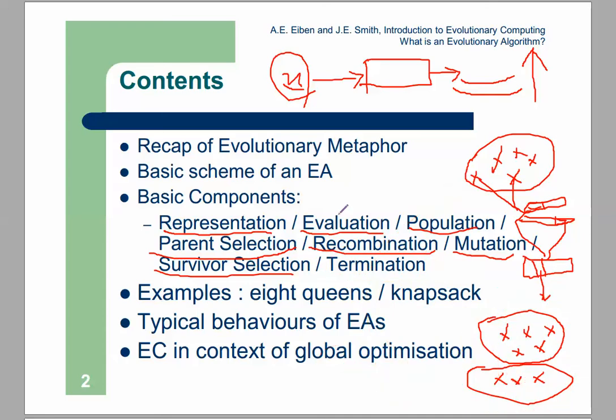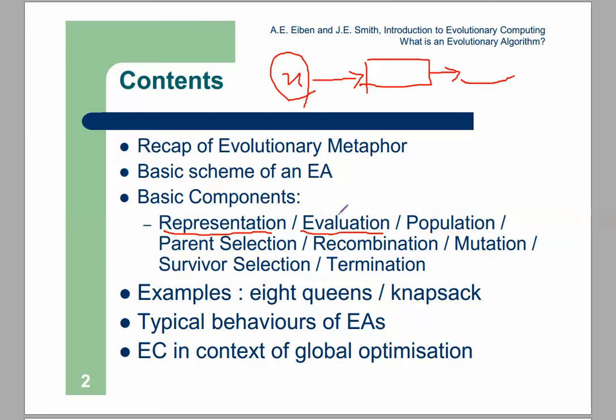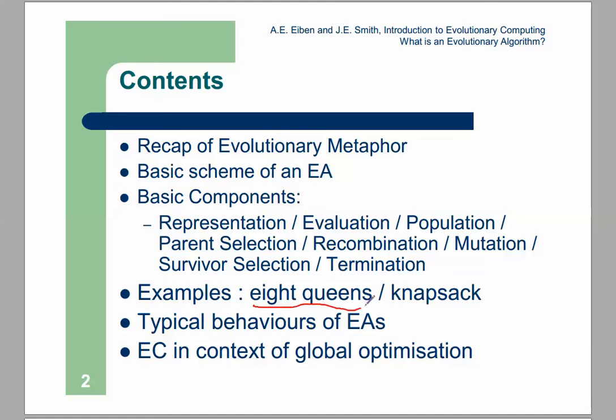There are some complicated problems that can be solved easily by EA, such as 8 queens, which we refer to on the next page, or knapsack, or some classic problems that we want to solve.